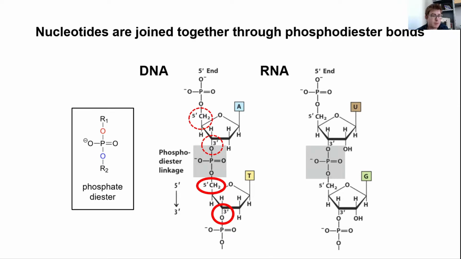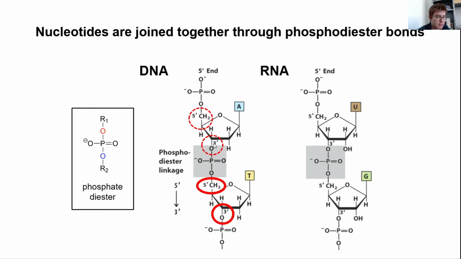So the first thing we need to realize is that nucleotides are joined together to form nucleic acid polymers through phosphodiester bonds. If we look at the connection between two nucleotides in a nucleic acid polymer, we will see a connection between the 3' position of one nucleotide and the 5' position of the other. The connection that bridges the two is called a phosphodiester linkage.